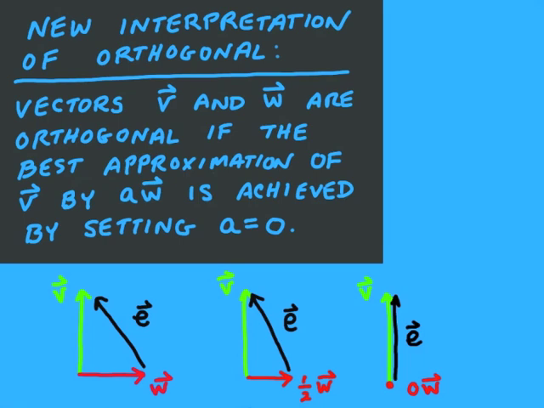You can see this idea at the bottom of the page, where I'm showing v and w and the error vector. First for a equals 1, then for a equals 1/2, and then finally for a equals 0. And you can see that for a equals 0, we have the shortest length error vector, e.